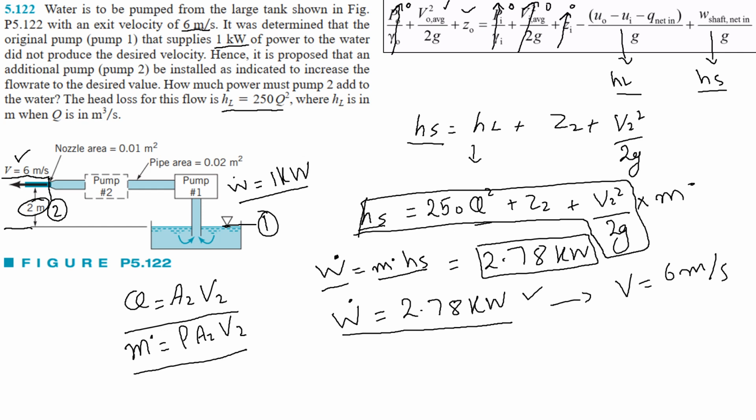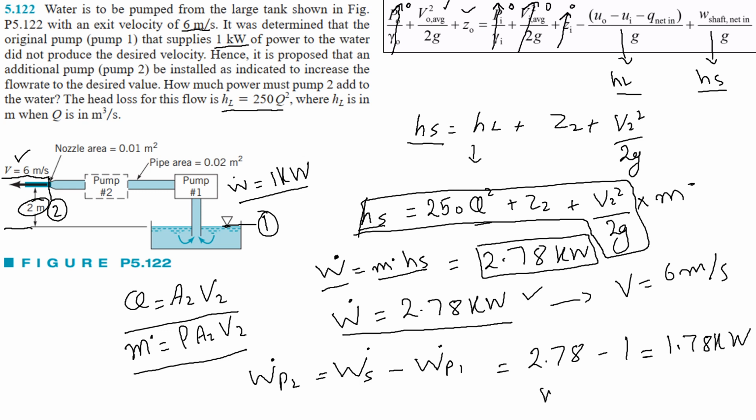So if we subtract that 1 kilowatt from the total shaft power required to generate a velocity of 6 meter per second, we will get the power required for the second pump. So 2.78 minus 1 gives us 1.78 kilowatt.